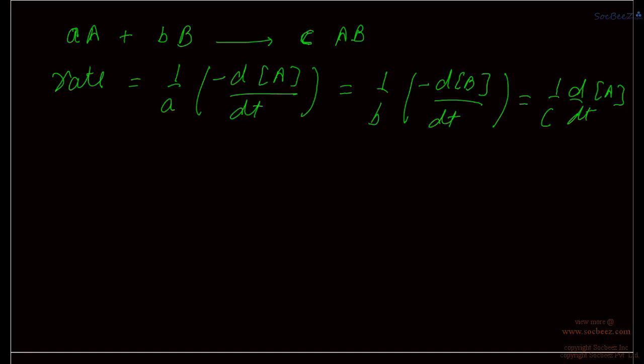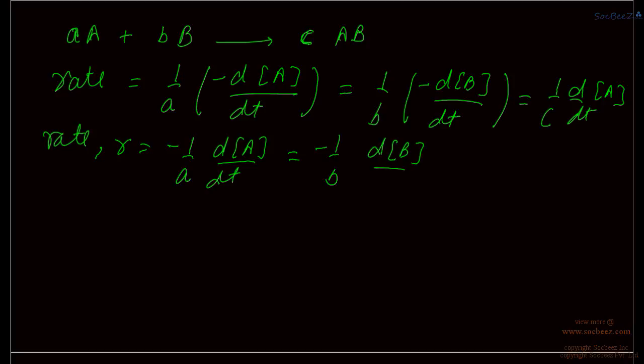Hence the rate R equals minus 1 upon a dA upon dt, equals minus 1 upon b dB upon dt, equals 1 upon c d[AB] by dt.